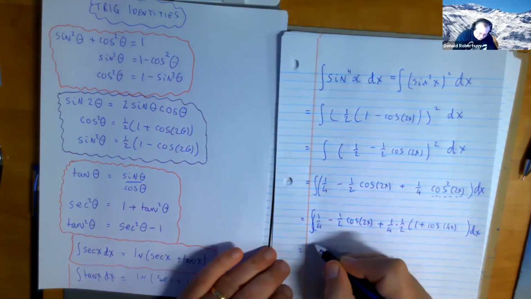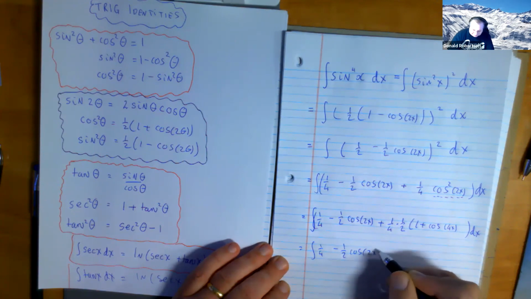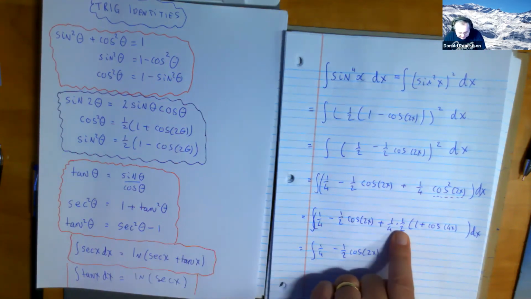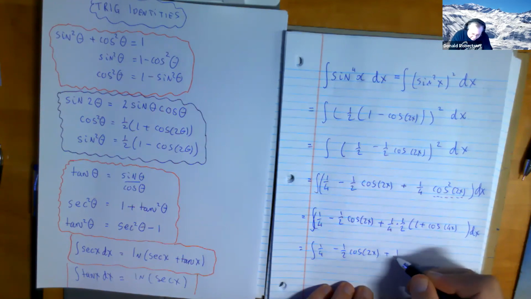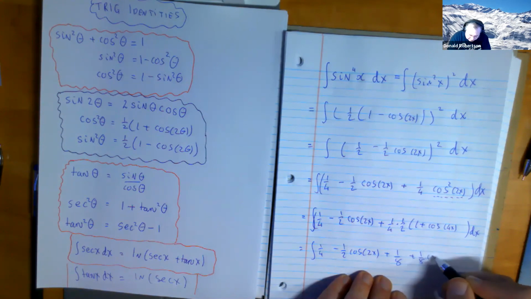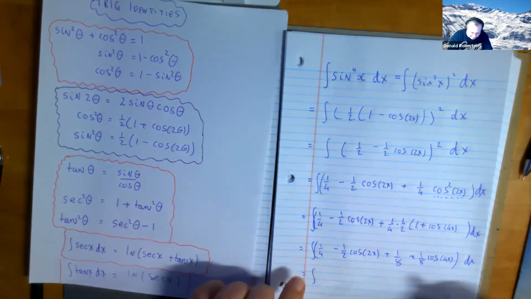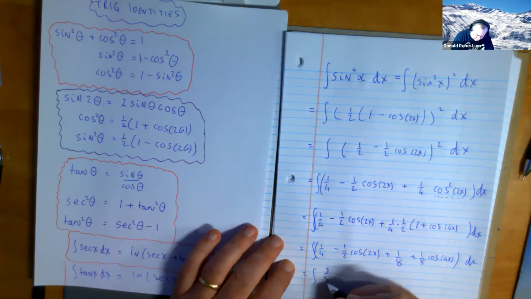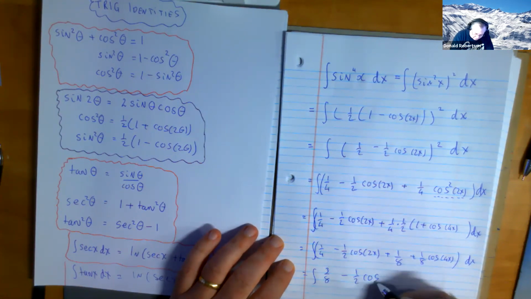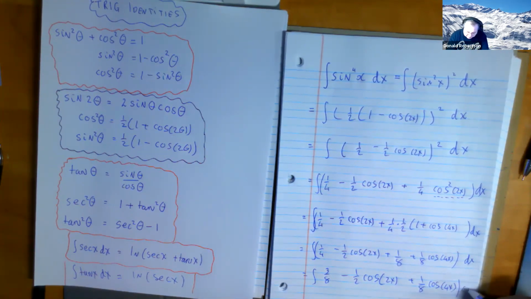Then continuing with our process, I now have this fella. That times that is an 8, and 8 times 1 gets me an 8, and an 8th of a cosine gets me this guy. What I'm now looking at is that guy and that guy, I believe, is 3/8. Take away 1/2 of a cosine of 2x plus 1/8 of a cosine of 4x dx.